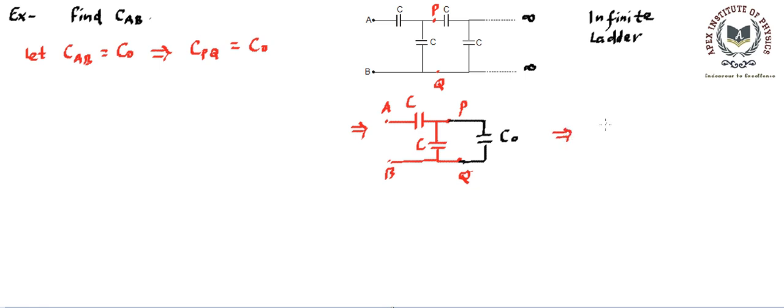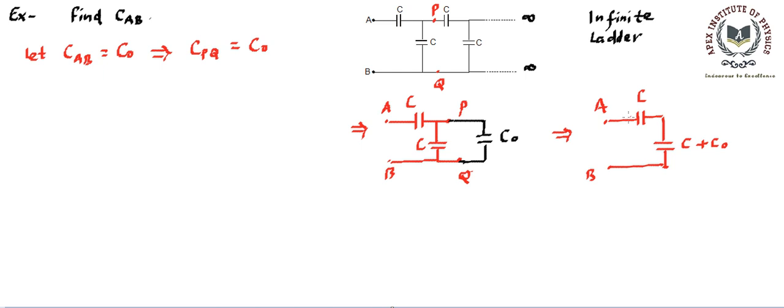We will have a point A with a capacitance C connected, and then one capacitor which is the equivalent of these two, and a terminal B. This capacitor is the equivalent of C and C naught in parallel combination, and in parallel combination they add up, so it becomes C plus C naught.